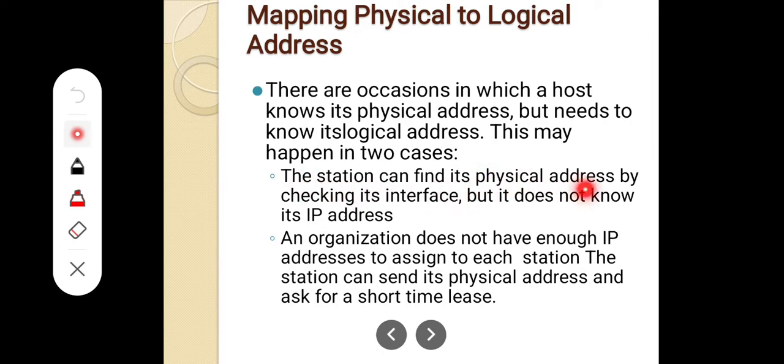The station knows the physical address but does not know the IP address. The next case is that an organization does not have enough IP addresses to assign to each station. The station can send its physical address and ask for a short time lease. An organization with many hosts does not have that many IP addresses to assign to all the hosts.